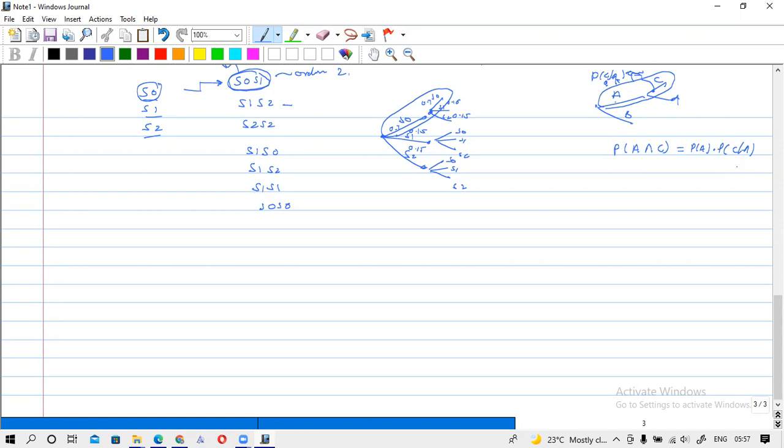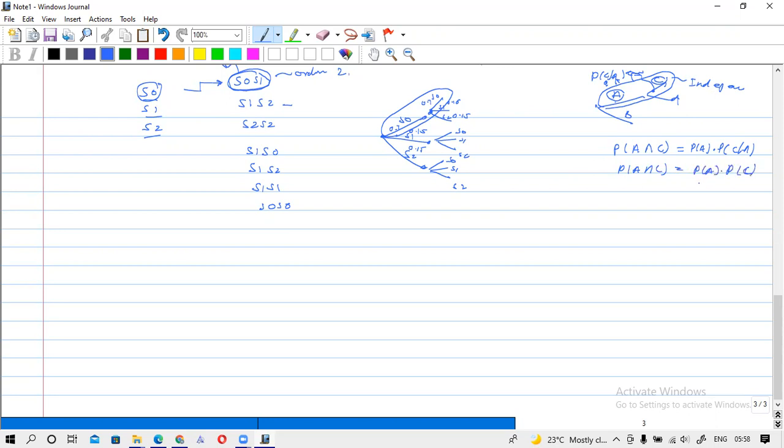So you can see that if these events are independent, P(A and C) can be denoted as P(A) P(C).